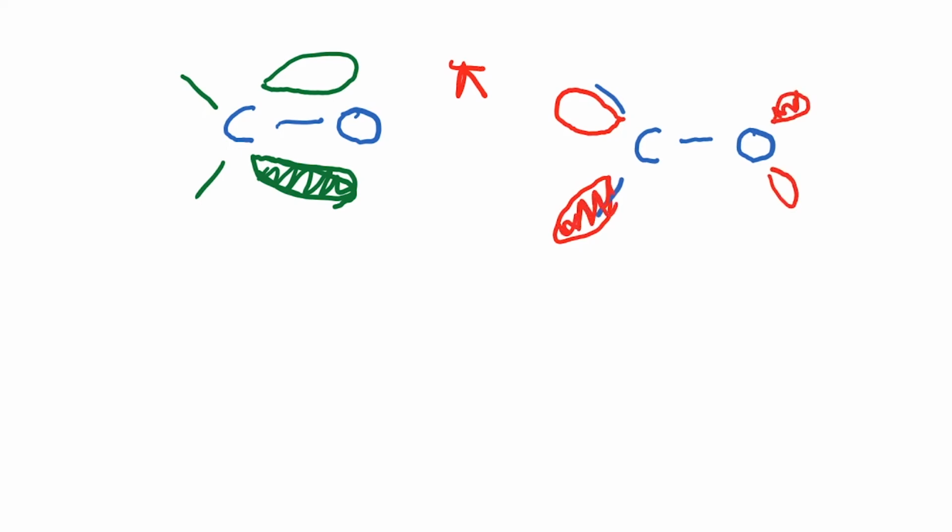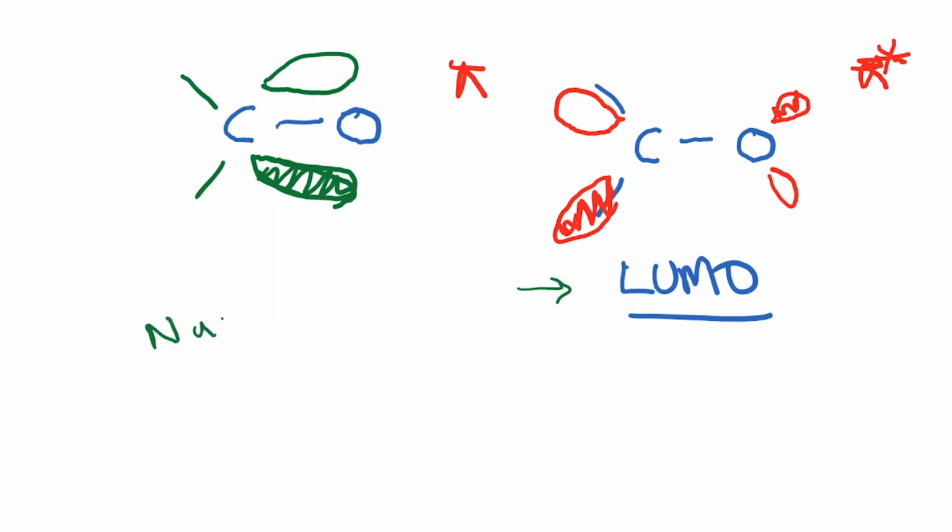These are going to be your pi star orbitals. This is important because the pi star is actually the lowest unoccupied molecular orbital. So when we are looking at carbonyl chemistry, we invariably are concerned about the lowest unoccupied molecular orbital when we are looking at nucleophilic substitution or addition reactions.